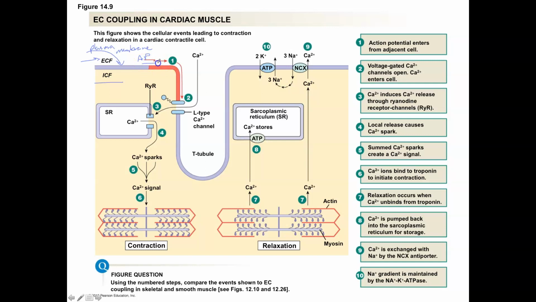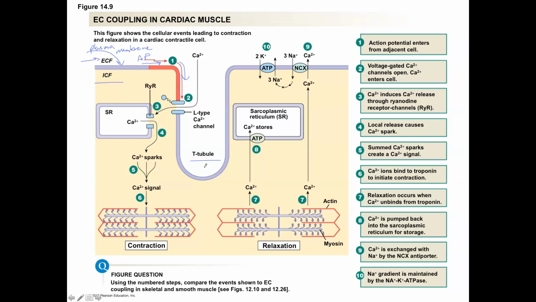This electrical signal is going to be traveling along the plasma membrane of the cardiac muscle cells, and it's going to go down into the cell in this invagination structure called a T-tubule. So T-tubules are an anatomical structure that you're going to see in skeletal muscle, and we see here in cardiac muscle, and they are invaginations into the cell.